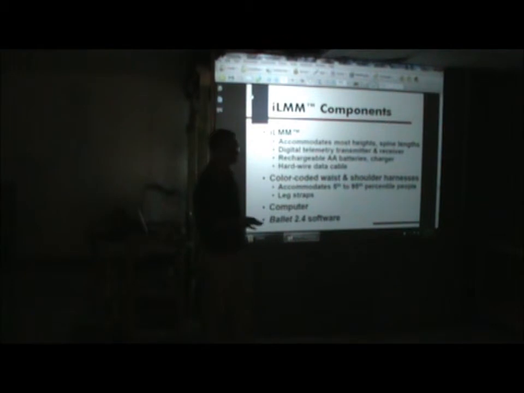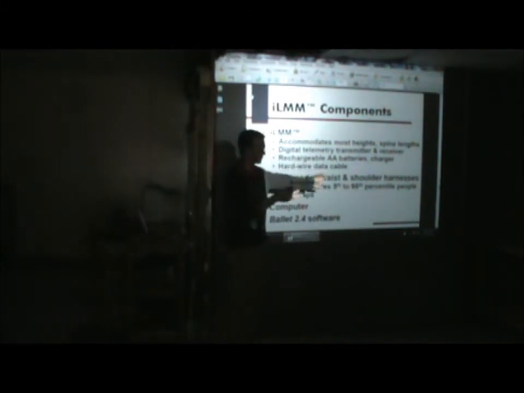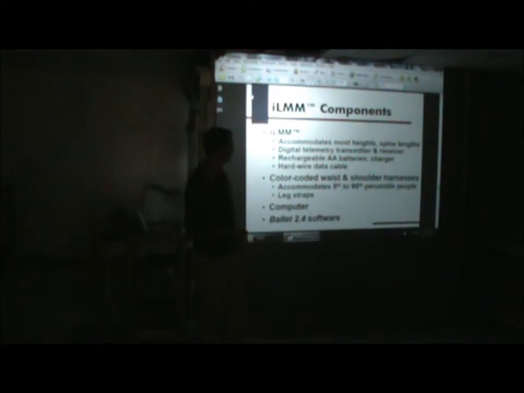But just to be on the safe side, collect your data during the day, and make sure you recharge the batteries at night. And again, you have 2 sets, so you do have a backup. Okay. And you do have that hardwired data cable if for some reason the telemetry isn't working properly.